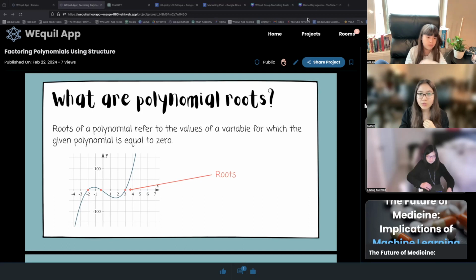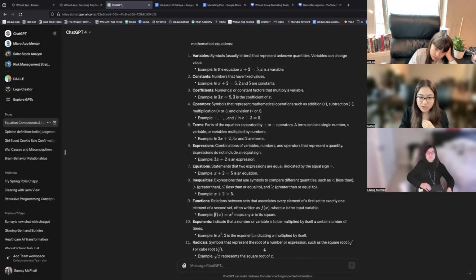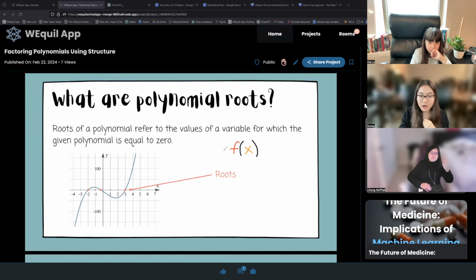So when we were looking at the terms over here, one of them was functions, where you see this f of x. Basically what f of x means is that you have a function, and for that given function, when you input different values represented by x, you get certain outputs.